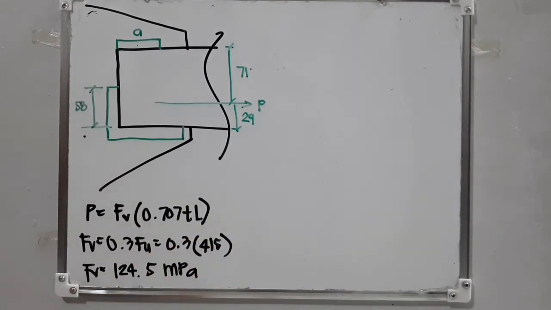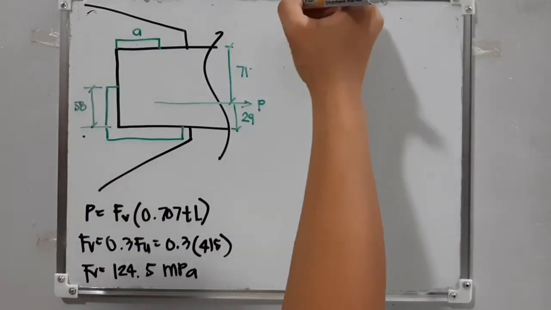We are also given the thickness of our weld, which is equal to 8 millimeters. Now we can solve for L.